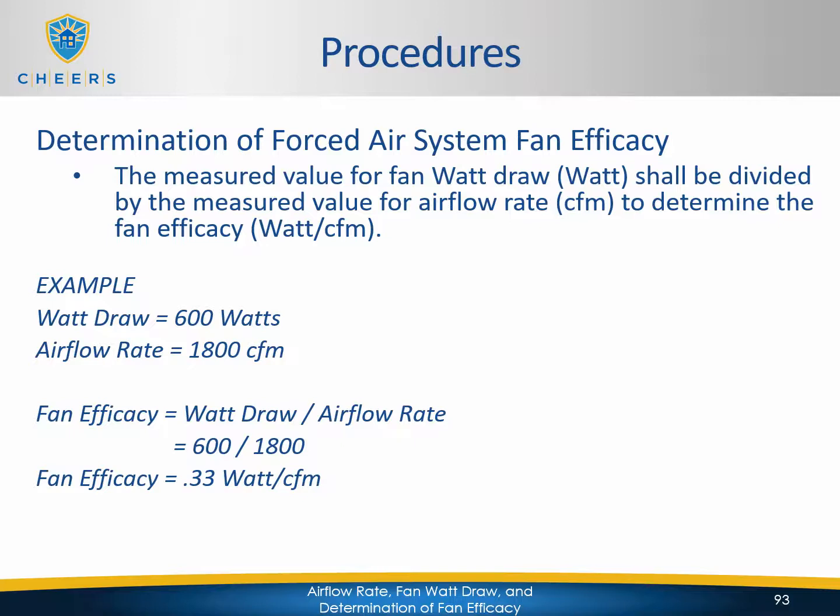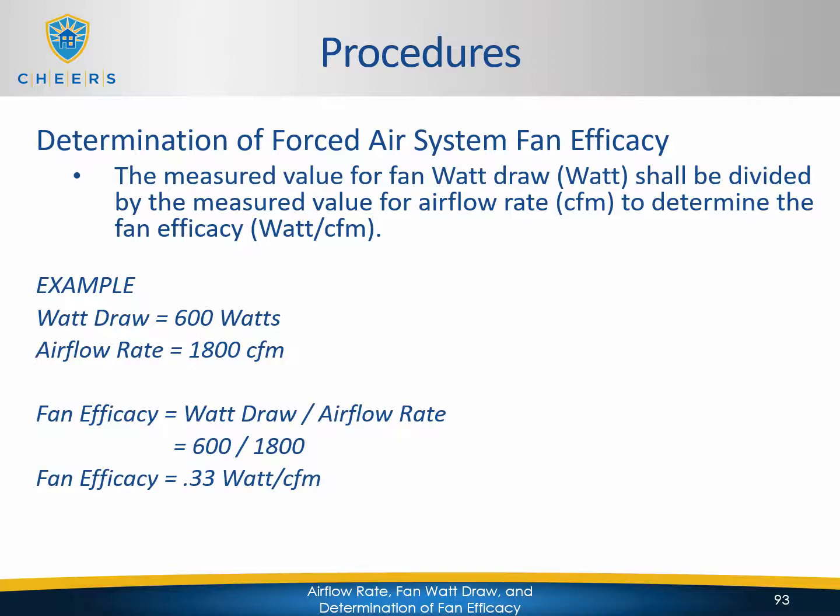If you look at the CF1R, and the CF1R tells you that the fan watt draw is required, it will give you the target of what the fan efficacy will be. The number that you measured cannot be more than the target number in the CF1R. So by default, the fan watt draw for a system is 0.58 per CFM of fan efficacy.